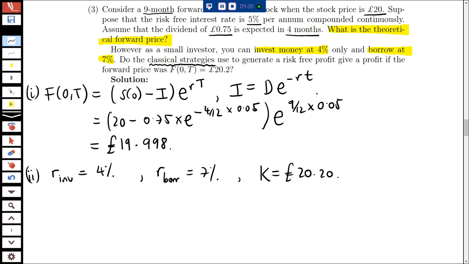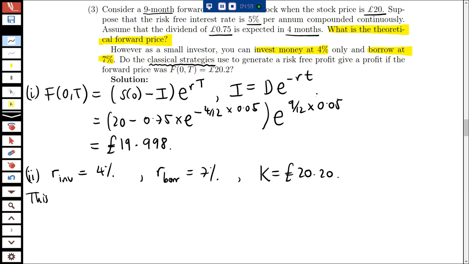Okay, so what do we know about the stock price? Well, we think the value is £20, whereas in the market it's there for £20 and 20 pence. So this suggests that the stock is underpriced. So we need a higher value of S0, so the theoretical value could be pushed up from the £20 up to £20 and 20 pence.